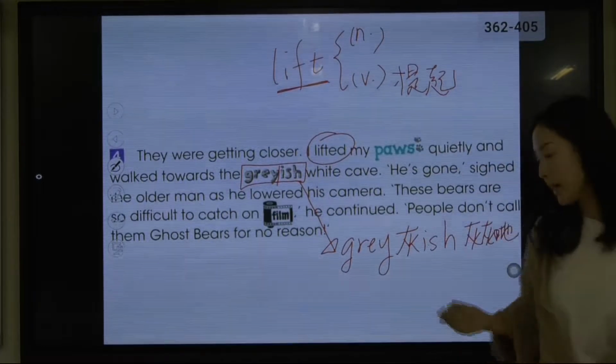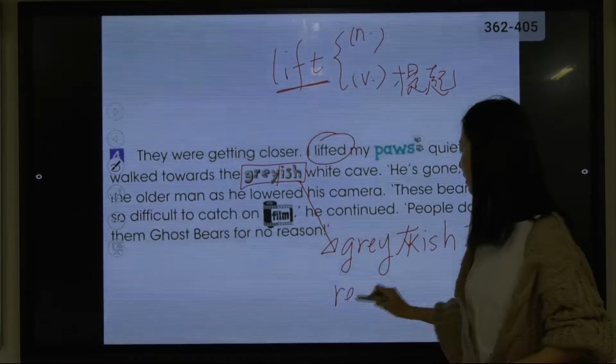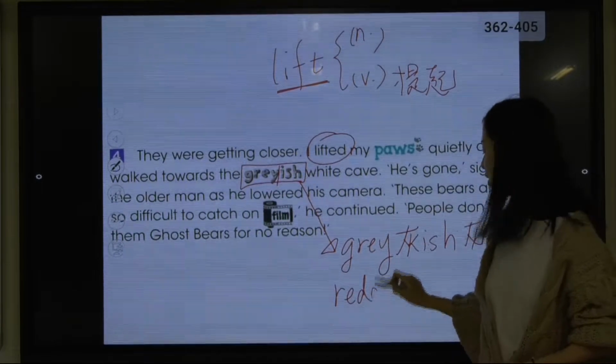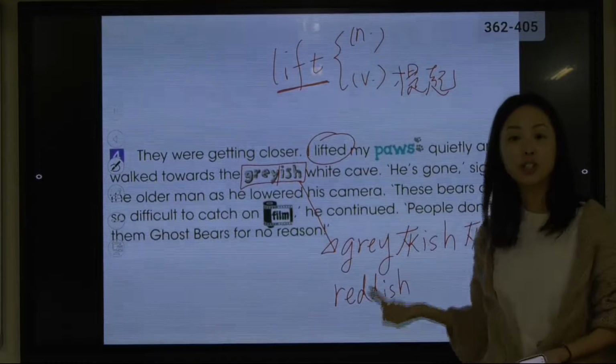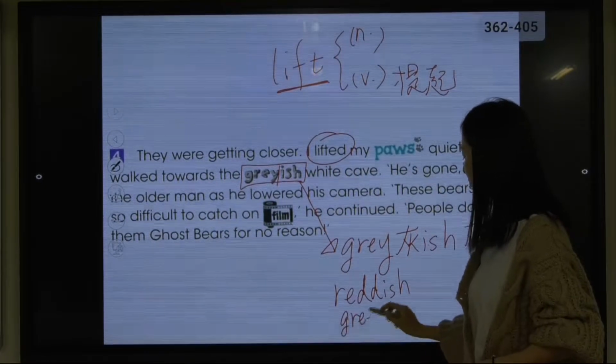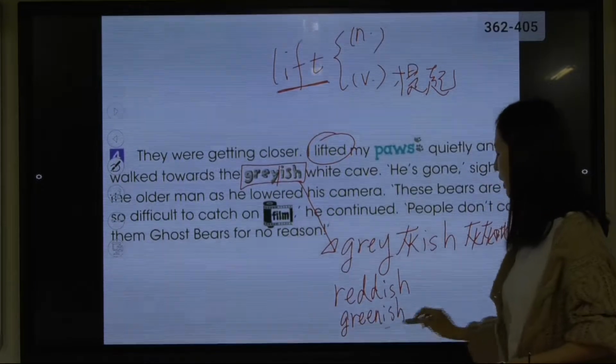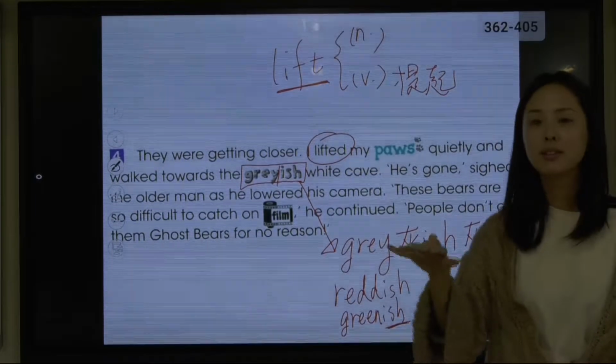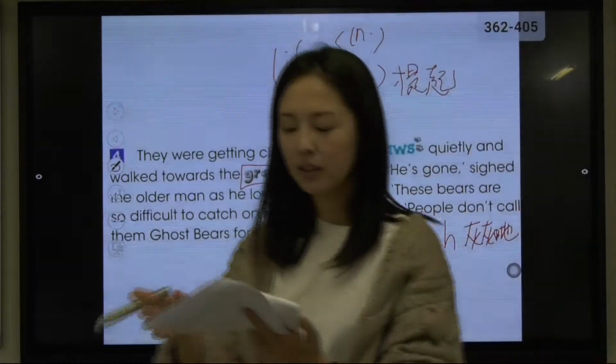So we can also write colors like reddish, right? And also maybe greenish. When you add the word ish, it means similar to this color, okay?